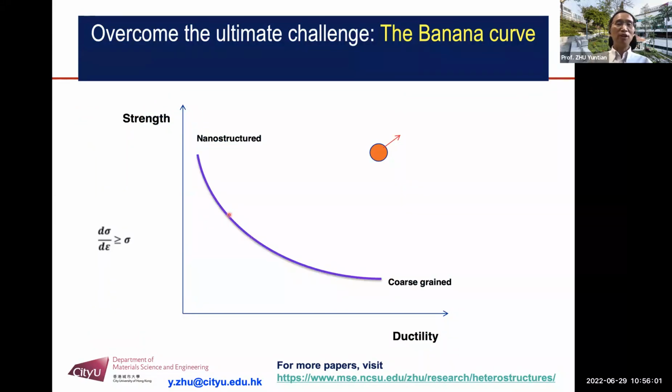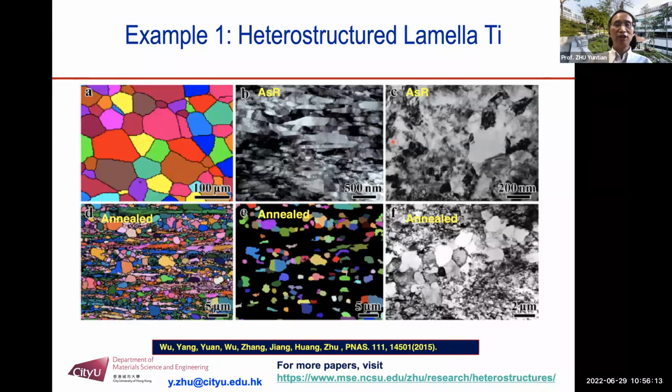Okay, remember I showed you this. What we all want is both high strength and high ductility. I talked about this at a conference. They laughed at me, and now I'm going to show you this can be done. So this is an example: the heterostructured lamellar titanium. They started with coarse grain titanium with an average grain size of about 44 micrometers.